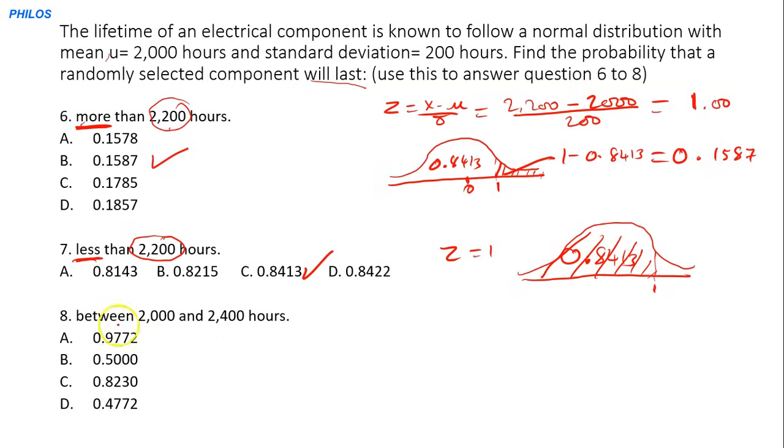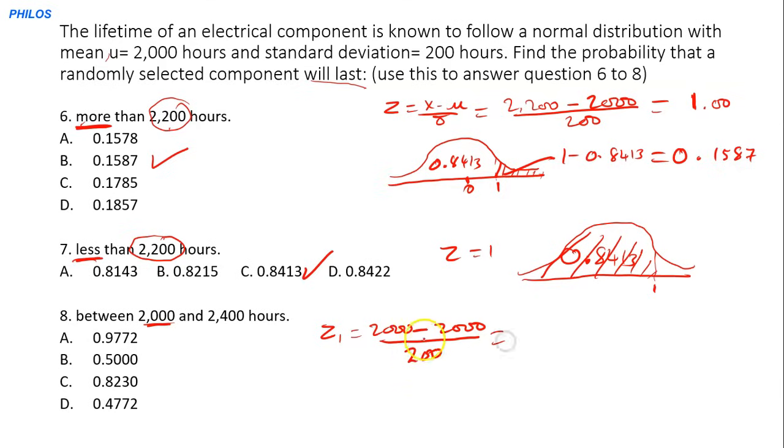Question 8 says, between 2000 and 2400. To get this, we are going to find two z's. The first z will be the first x, which is 2000, minus the mean, which is 2000, divided by the standard deviation, which is 200.